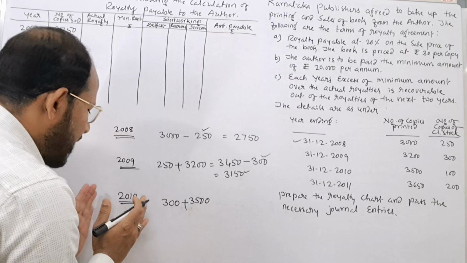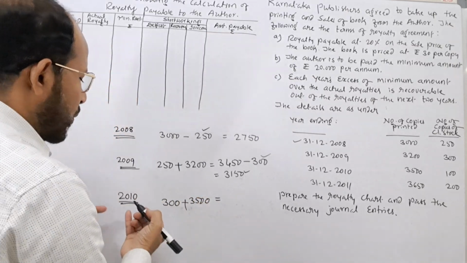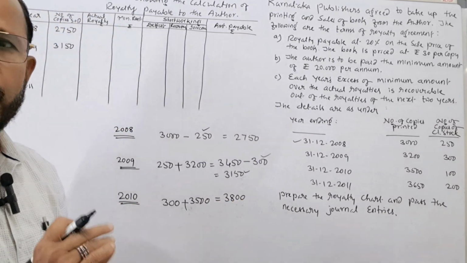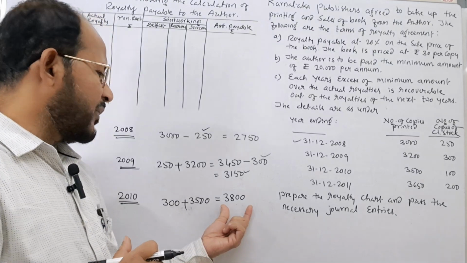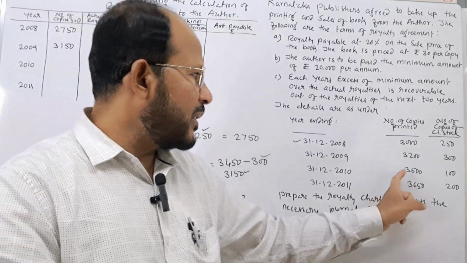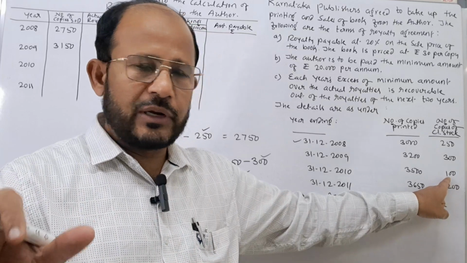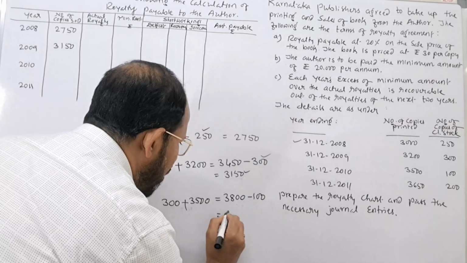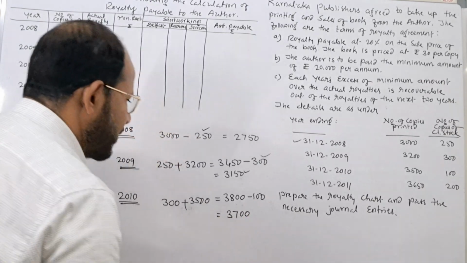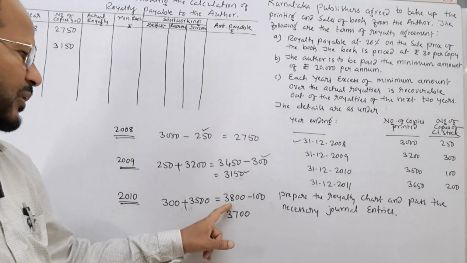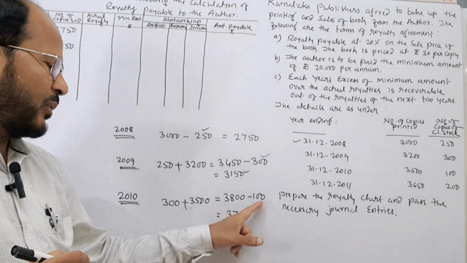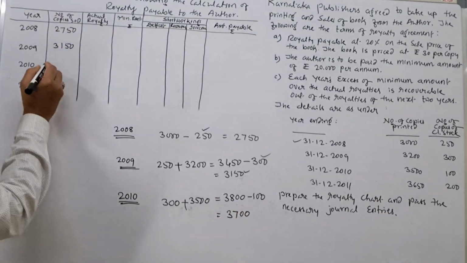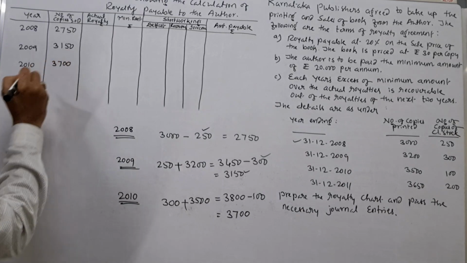So in the year 2010, a total of 3,800 books were there with the publisher for selling. But out of 3,800 books, at the end of the year 2010, 100 books were there. It means closing stock. Now, how many books were sold in the year 2010? 3,700. Out of 3,800, 100 books were with the publisher, so the remaining 3,700 books were sold out. That is why here we have to write 3,700 books.